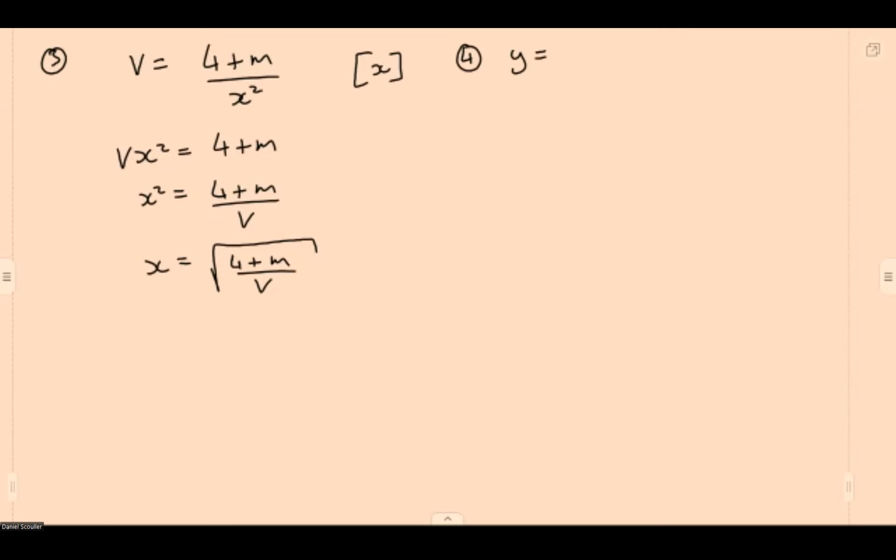Last one, let's do 3 over root x plus 4. That whole x plus 4 with the root can all come over. So that's one term, I suppose.